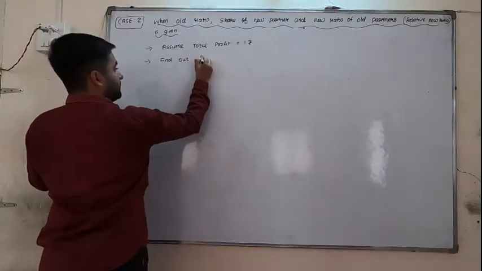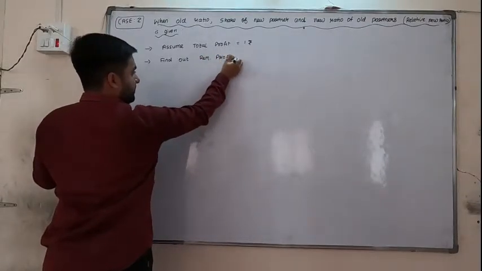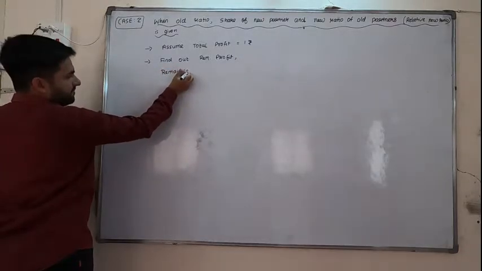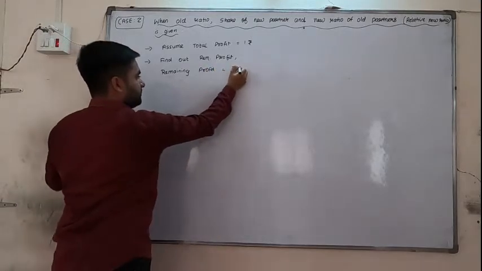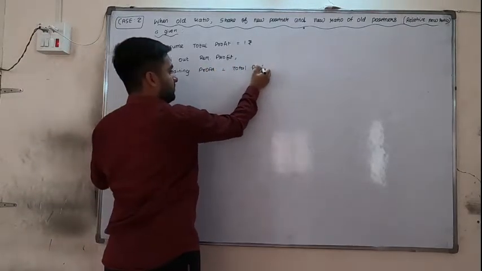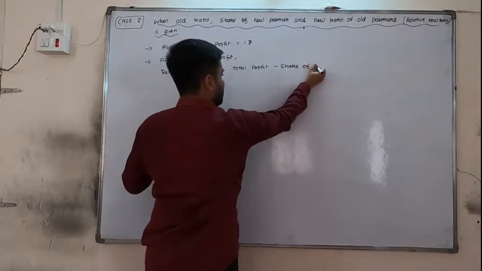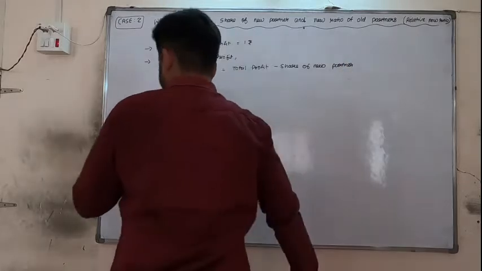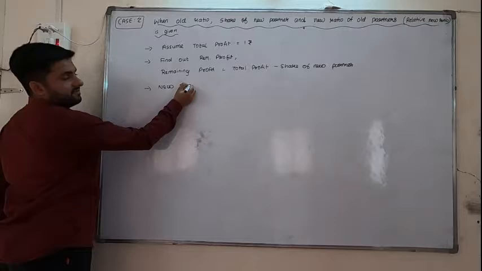Find out remaining profit. The formula will be the same as we have written previously. Remaining profit is equal to total profit minus share of new partner.